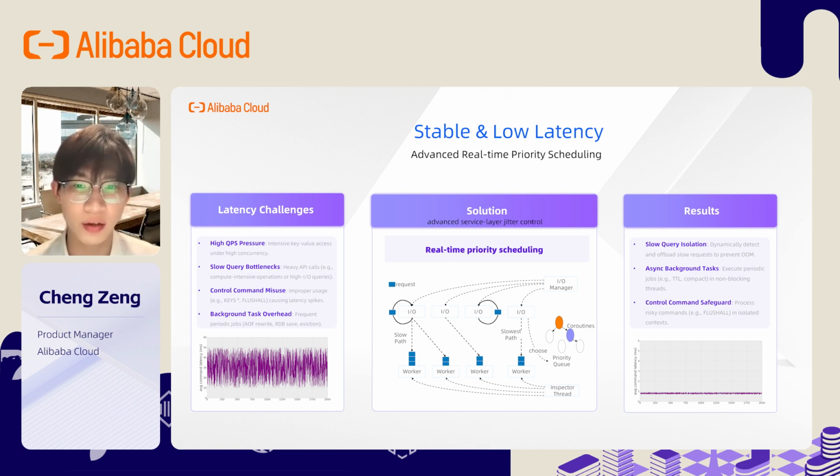Firstly, Tair Serverless KV uses a multi-thread architecture, and the number of threads is automatically adjusted based on the workload, ensuring optimal resource usage at all times. And secondly, we've introduced dynamic thread scheduling. Each request is analyzed in real time based on its time complexity and expected execution duration.